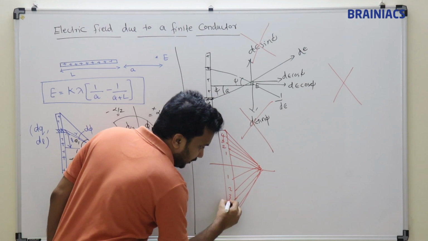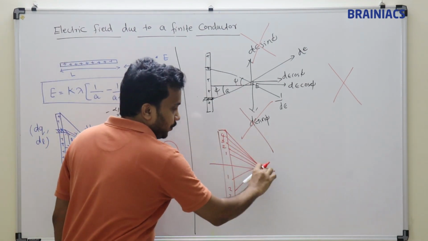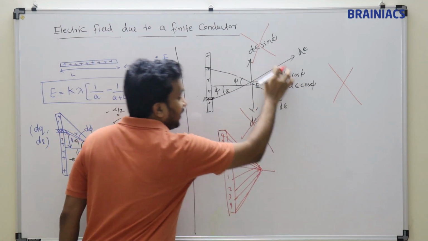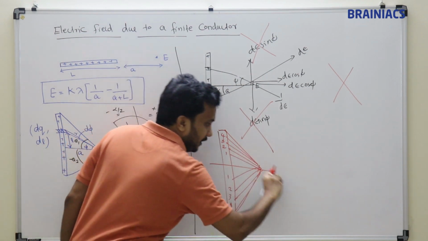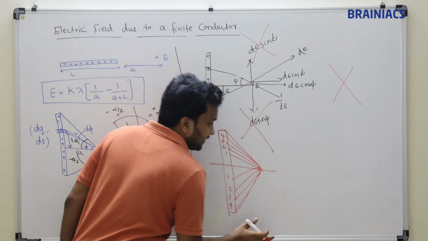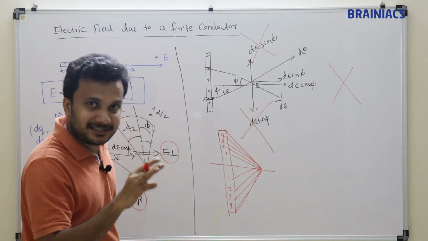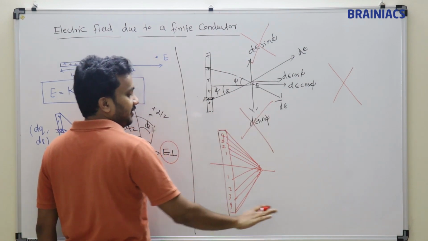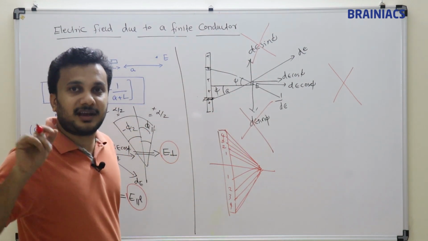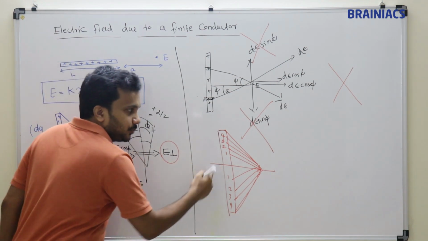Each of these pieces will have one dE cos phi and one dE sin phi, for the top and for the bottom also. So this is now a symmetrical case. In this symmetry, all the dE sin phi on the top are equal to all the dE sin phi on the bottom, and both will cancel each other. But here the case is not like this.